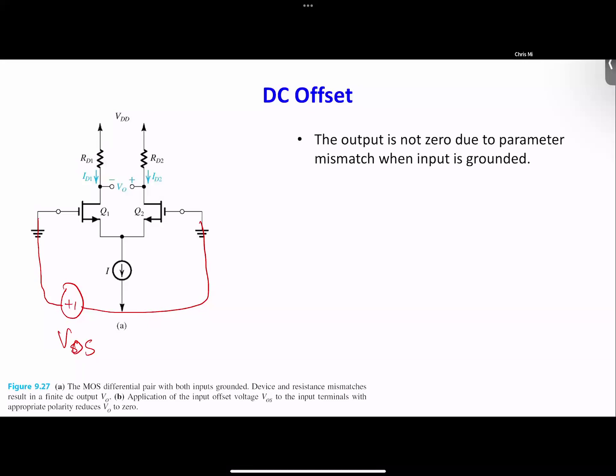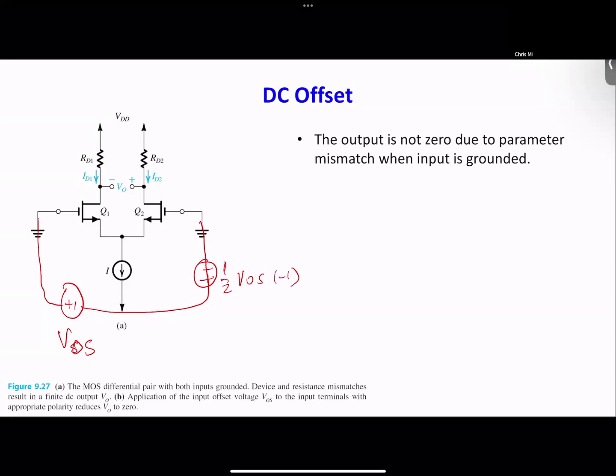So ideally, instead of 1 voltage, we can apply 2 voltage sources. We apply minus half VOS here, and plus half VOS there.